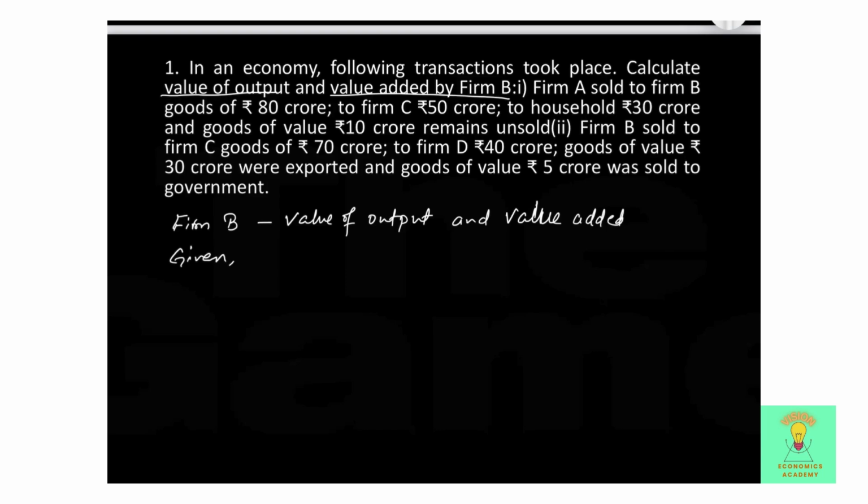Firm A sold to firm B goods worth 80 crores. So this becomes the purchase by firm B, that's worth rupees 80 crores. Now this will be considered as intermediate cost.